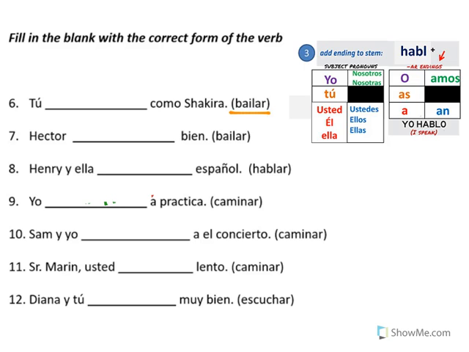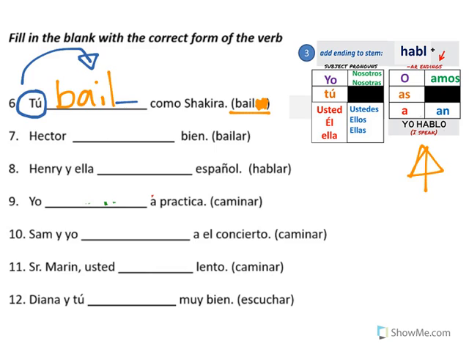So, bailar. What we need to do is write the stem, which, remember, is everything but the AR. That's the first thing we need to do. The second thing is we need to find its ending on this side of the chart. And in this case, it's so easy. I love these because it says tú. This is the person that's doing this.